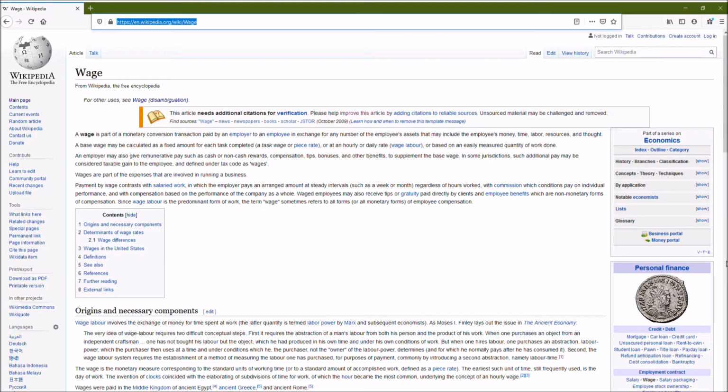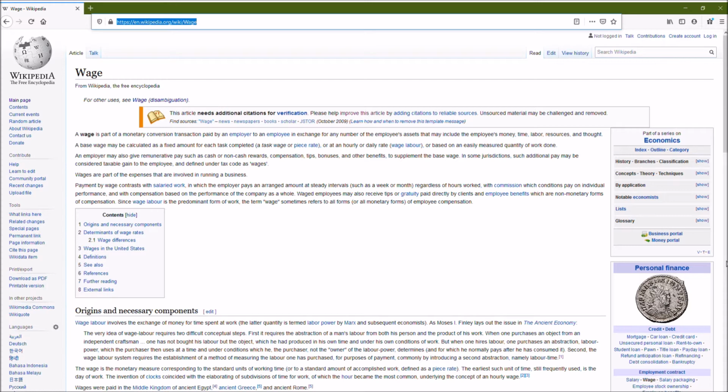Wages are part of the expenses that are involved in running a business. Payment by wage contrasts with salaried work, in which the employer pays an arranged amount at steady intervals, such as week or month, regardless of hours worked. It also contrasts with commission, which conditions pay on individual performance, or with compensation based on the performance of the company as a whole.